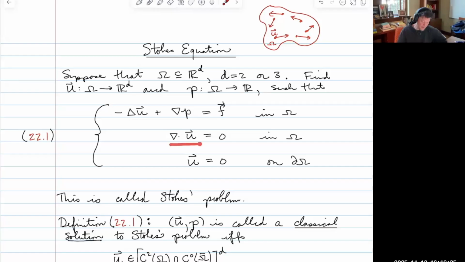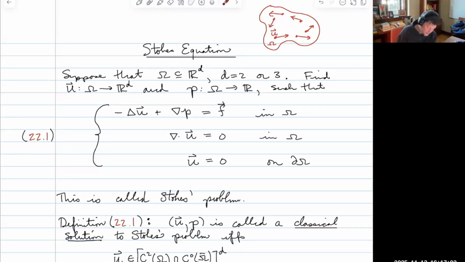The second equation is what we call the divergence-free condition. This is also derived from the conservation of mass. Okay, so notice that everything makes sense here in terms of units. If I take the divergence of a velocity field, I should get a scalar. So that's equal to this scalar, 0. Okay, that's the divergence-free condition, or also called the mass conservation equation.